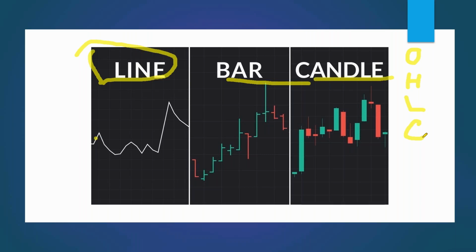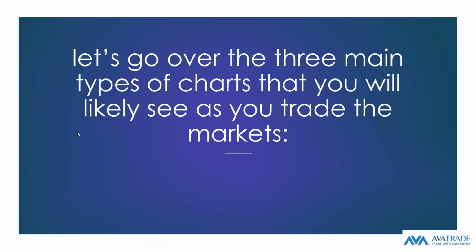But that's all the information we have as traders: open, high, low, and close. Whether you're using a bar chart or candlestick chart, they're based on the same pieces of information. Nobody has secret information or secret weapons.